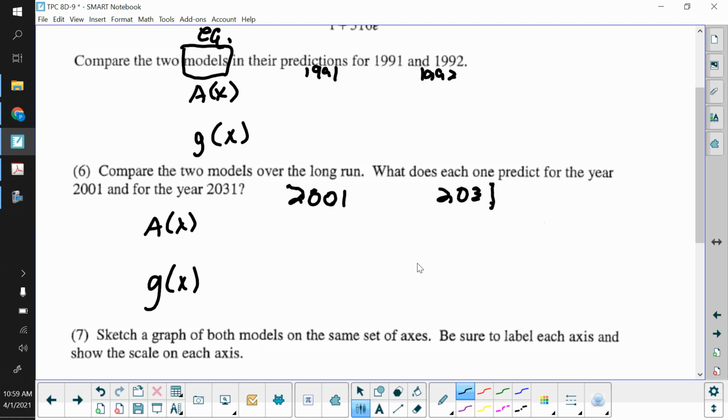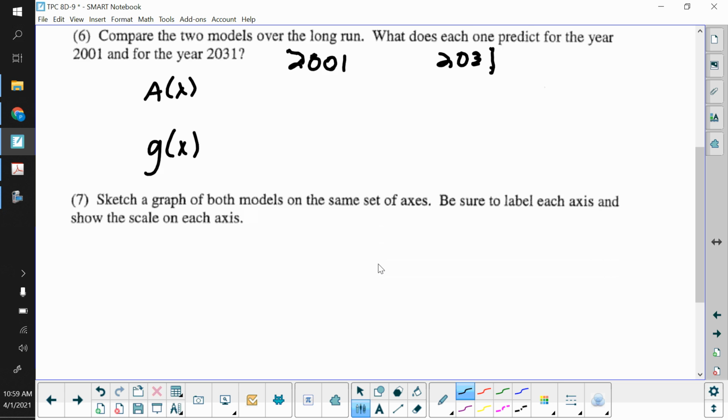Don't be alarmed. Some of them might be large values with scientific notation. That's okay. When you see that E in the calculator, that means times 10 to the something. So if it says E and then 22, that means times 10 to the 22, and that's scientific notation.